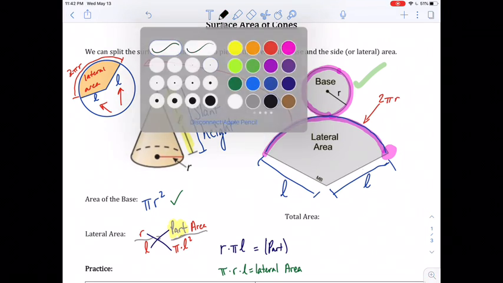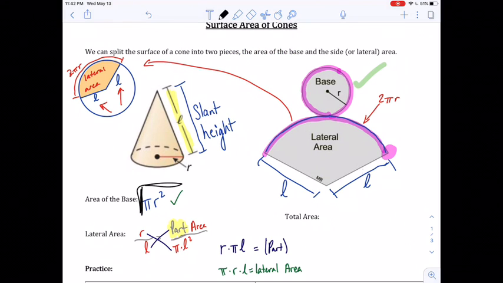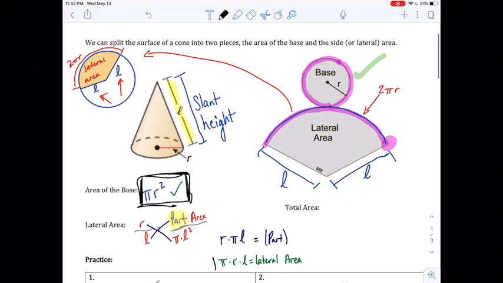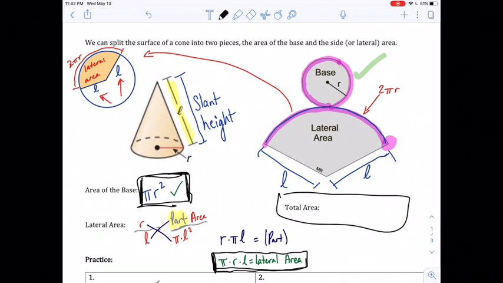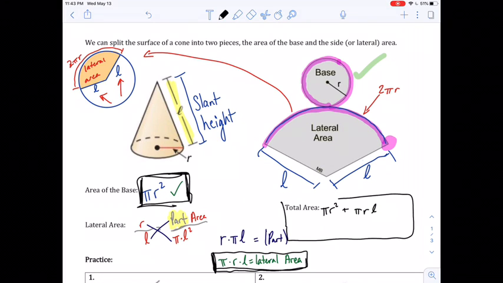Okay, so let me just box these off. Area of the base was pi r squared. The lateral area is pi r L, where L is the slant height. So the total area is pi r squared, that's the base, plus pi r L. Let me give myself a little bit more room to label this.